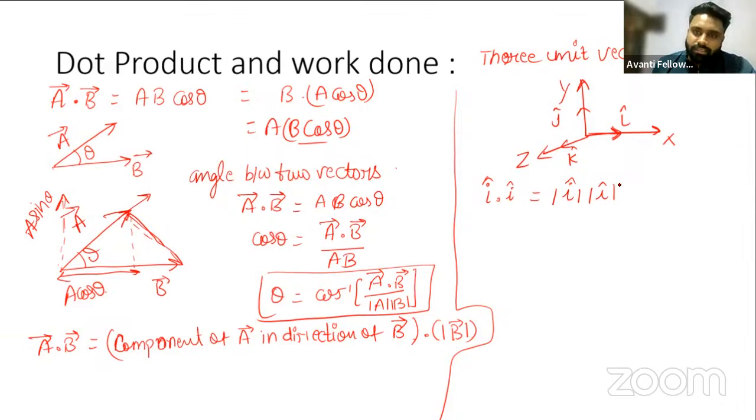It is 0 degrees, so cos 0 is 1, and the magnitudes of unit vectors are 1. The magnitude of i cap is 1, j cap is 1, and k cap is also 1. So it is 1 into 1 into 1.